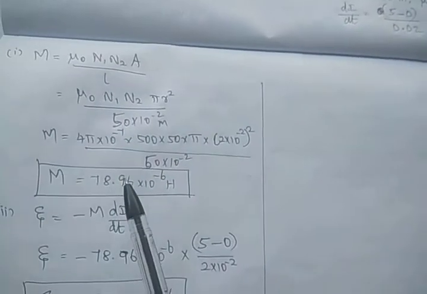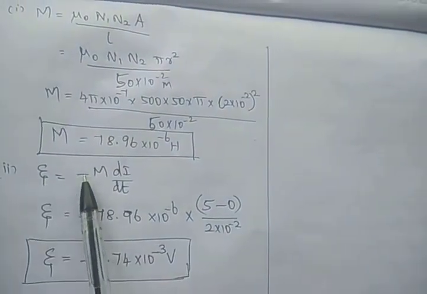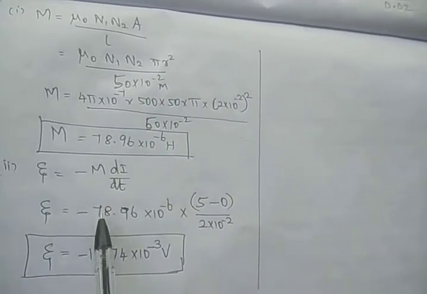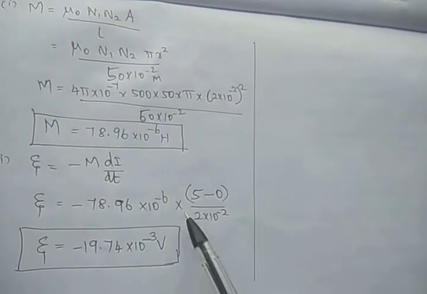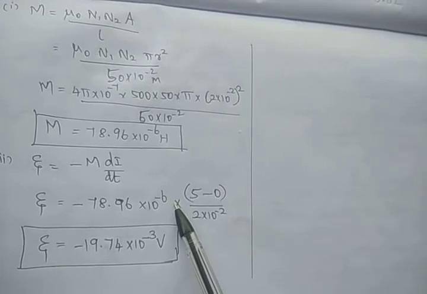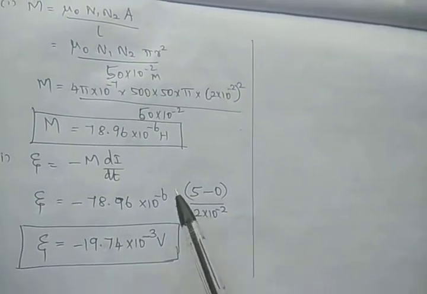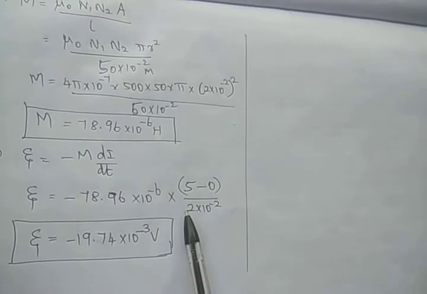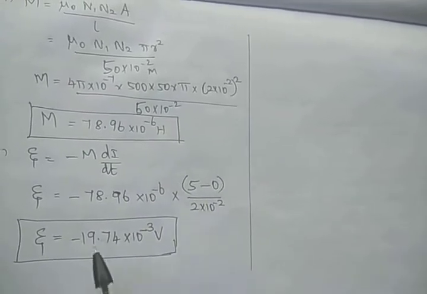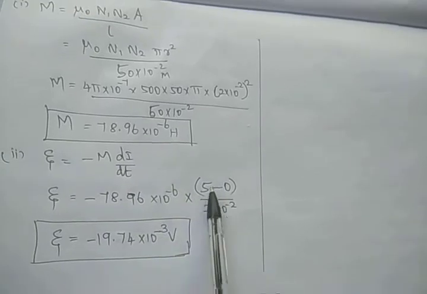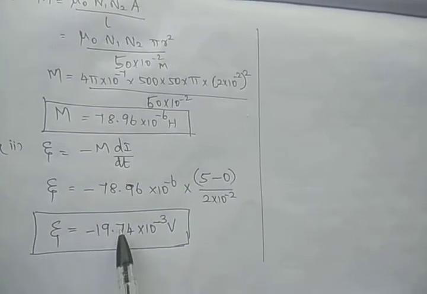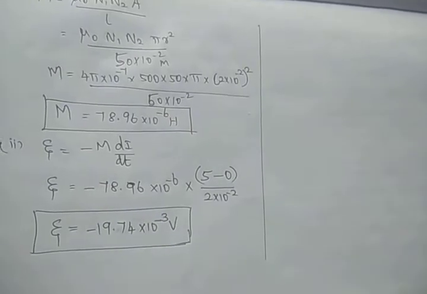So EMF is equal to minus M dI by dt. E is equal to the mutual inductance value we already calculated, 78.96 into 10 power minus 6, into the change in current 5 minus 0, by the time 0.02, that is 2 into 10 power minus 2. Solving these numbers, we arrive at the EMF value as minus 19.74 into 10 power minus 3 volt.